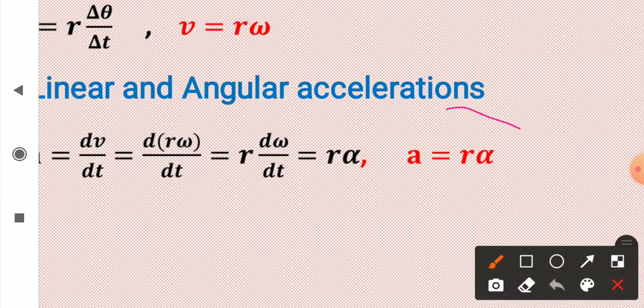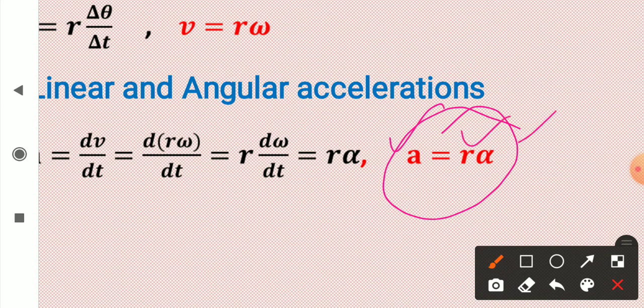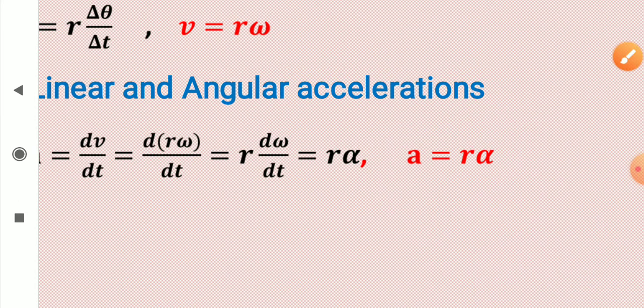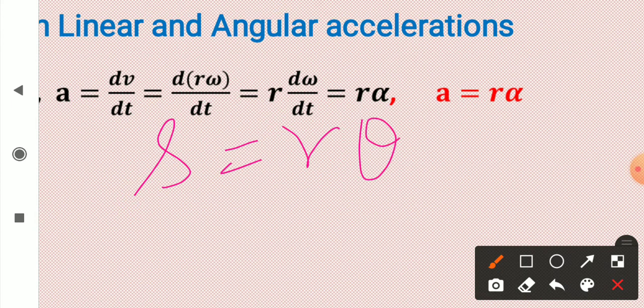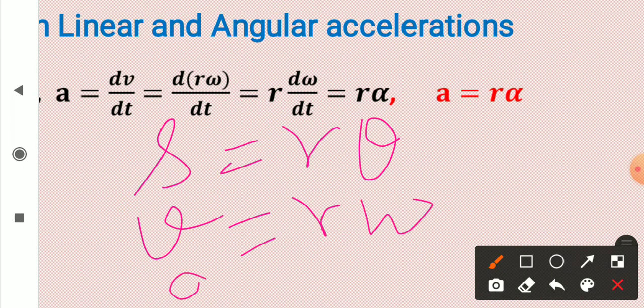Let's see. Linear acceleration is equal to r alpha. So it's very easy to remember these relations. See, linear displacement is equal to r theta, linear velocity is equal to r omega, and linear acceleration is equal to r alpha.